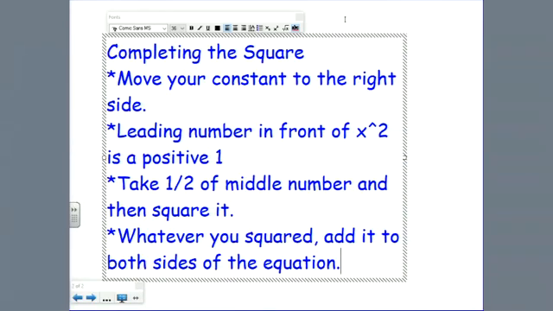Now, these steps are going to make much more sense once we have some numbers to play with, but these are the main steps in order to do what's called completing the square. Let's look at an example.